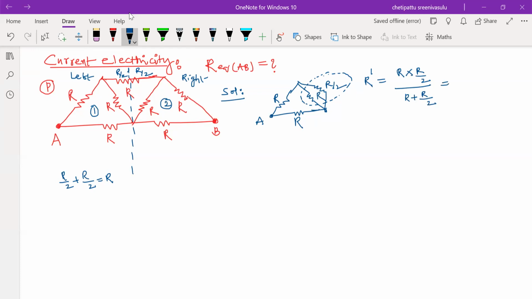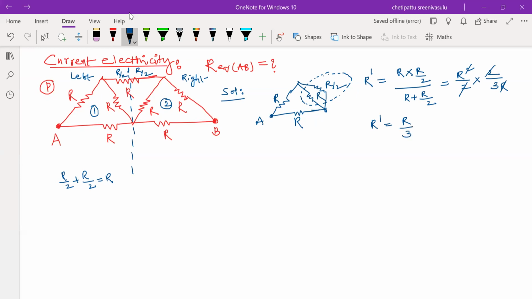By simplifying, this is R square upon 2, over 3R upon 2. The 2 gets cancelled, R gets cancelled. R dash will be R by 3.